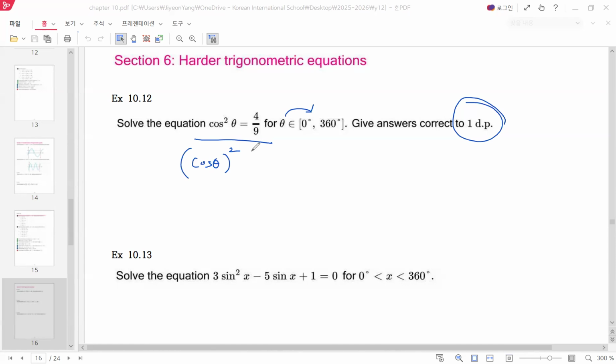This one, the square applies to the whole thing. If we needed to use brackets all the time, it would be tedious, so we made a rule to use the square here. Cosine square theta means cosine theta, whole square.